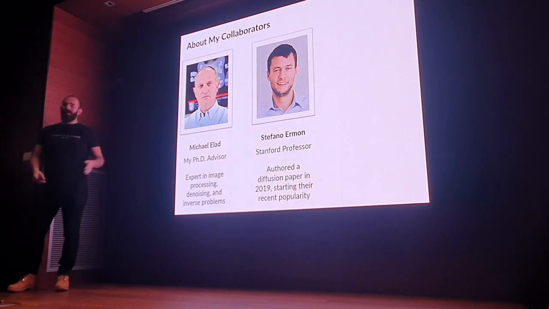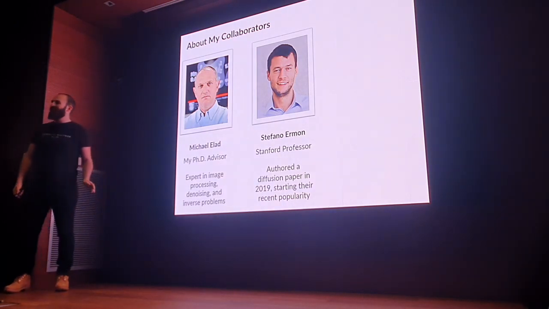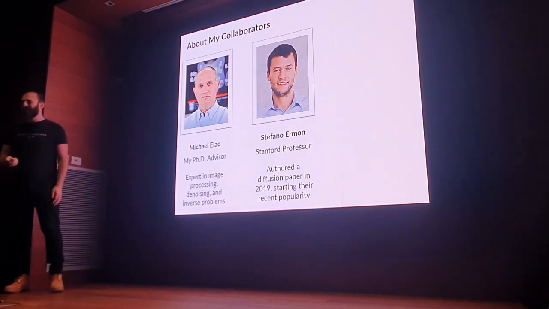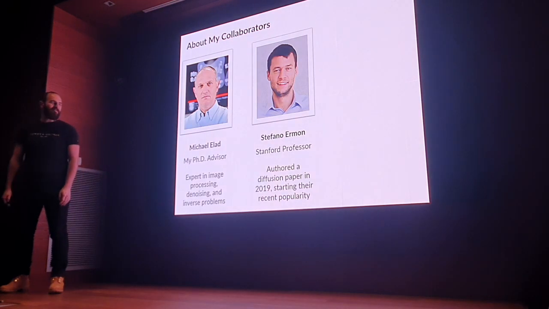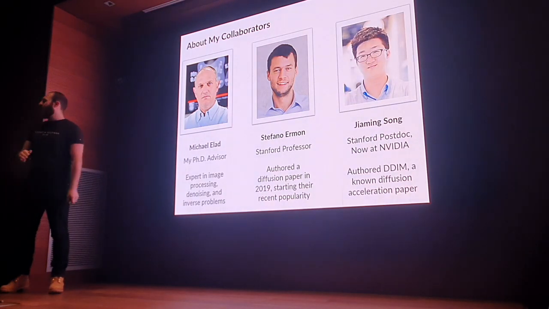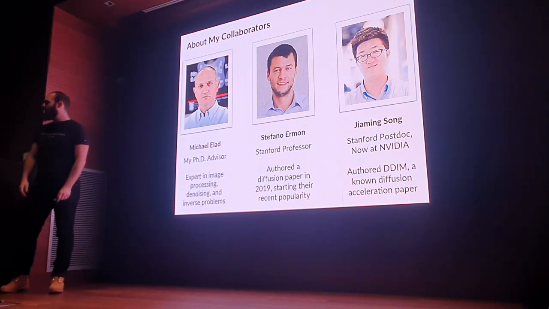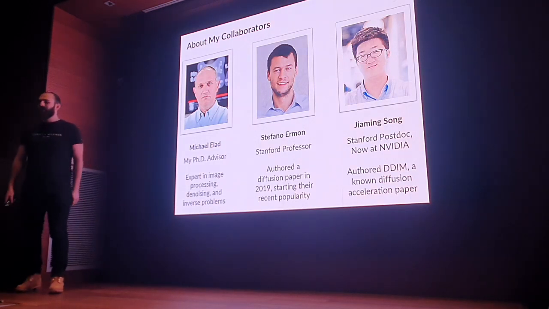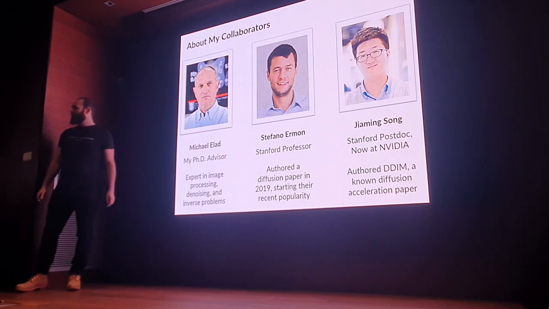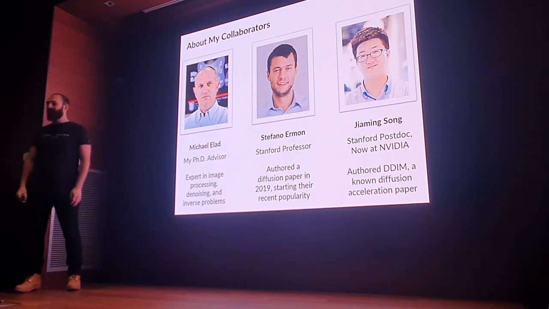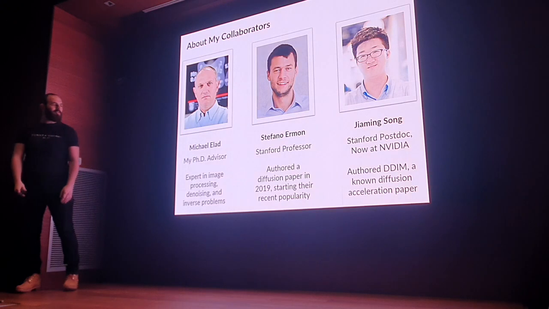He authored a lot of papers on diffusion, but the one I'm interested most in is a paper from 2019, which is actually a predecessor to all what we've seen in Mike's lecture a few months ago. I also worked more closely with his student, who was a postdoc at the time, on this paper, Jiaming Song, who's currently working at NVIDIA, also with the diffusion team there.